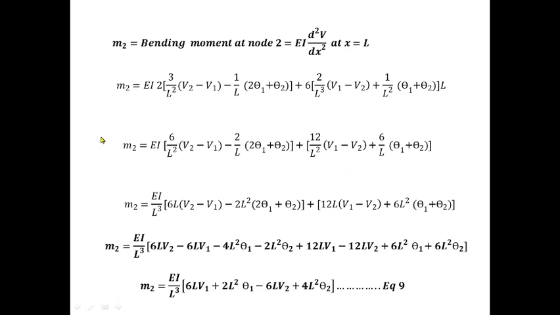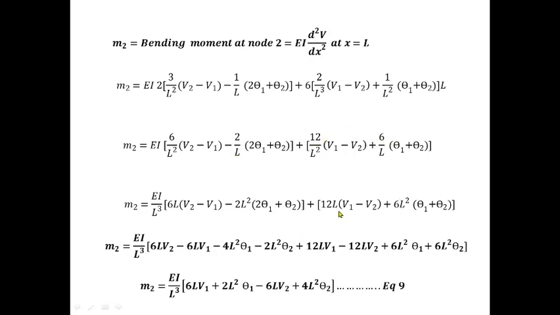Now multiply 2 inside EI, that is 6 by L square (v2 minus v1), again multiply 2, minus 2 by L (2 theta 1 plus theta 2), plus 6 into 2, 12 by L square (v1 minus v2), plus again multiply 6 inside, 6 (theta 1 plus theta 2). Take EI by L cube as common outside, so EI by L cube, this will become 6L and this will become 2L square, this is 12L, 6L square.